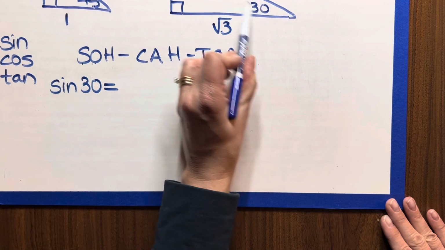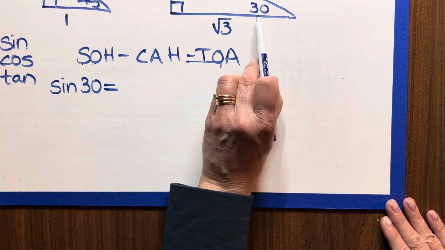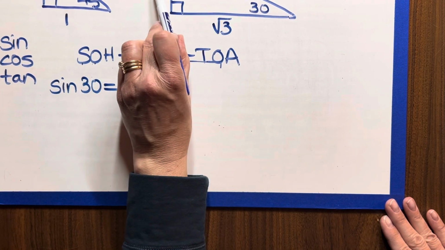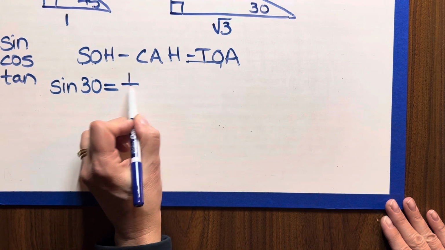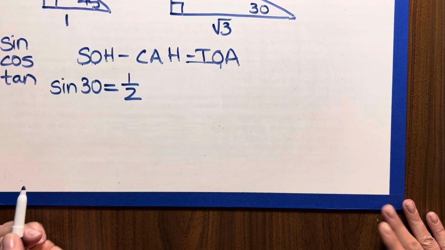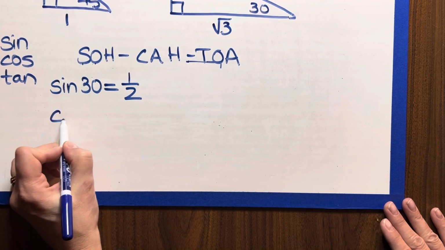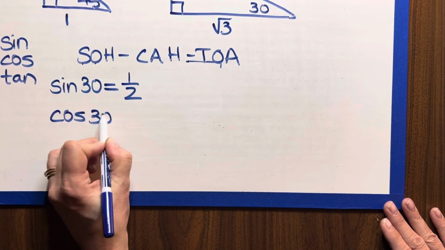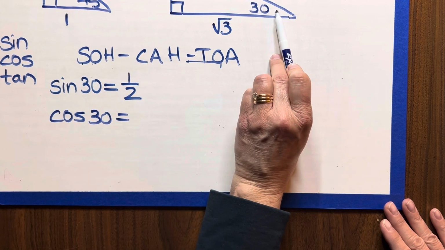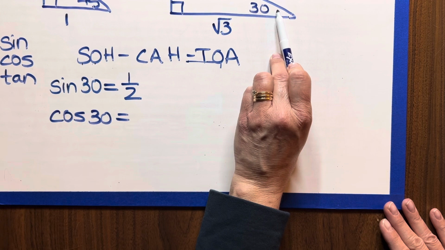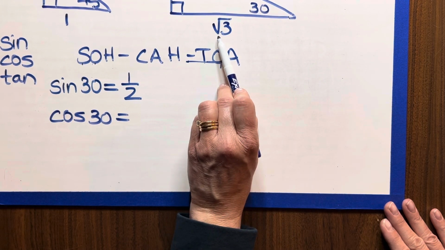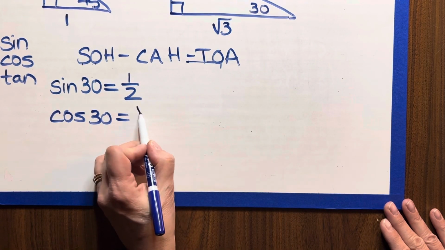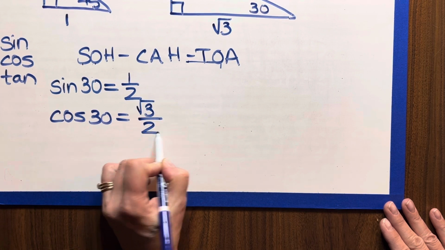Remember that sine is opposite over hypotenuse, so the sine of 30 is 1 over 2. So the sine of 30 degrees is a half. Let's do the cosine of 30. So the cosine of 30 is going to be the adjacent, so square root of 3 over 2.